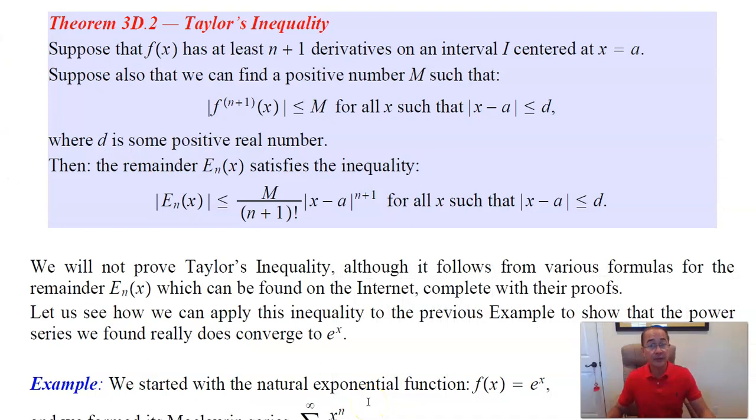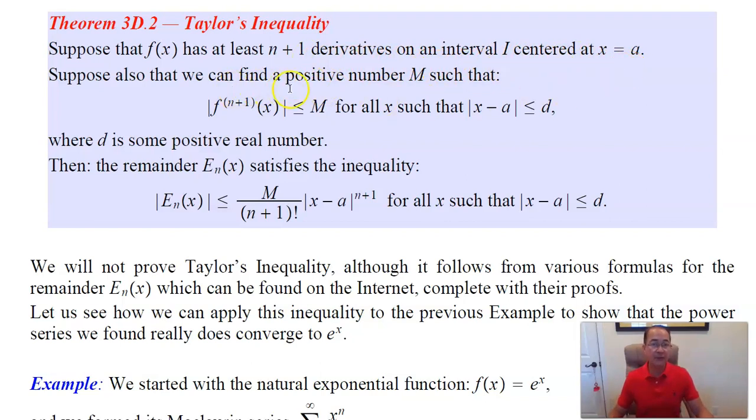Now, fortunately for us, Taylor himself gave us an inequality, sort of a formula, except we see the symbol less than or equal to there, because it's an inequality that tells us sort of a maximum possible error that we can get from e sub n of x, the error term. Suppose that your function has at least n plus 1 derivatives on an interval I which is centered at x equals a.